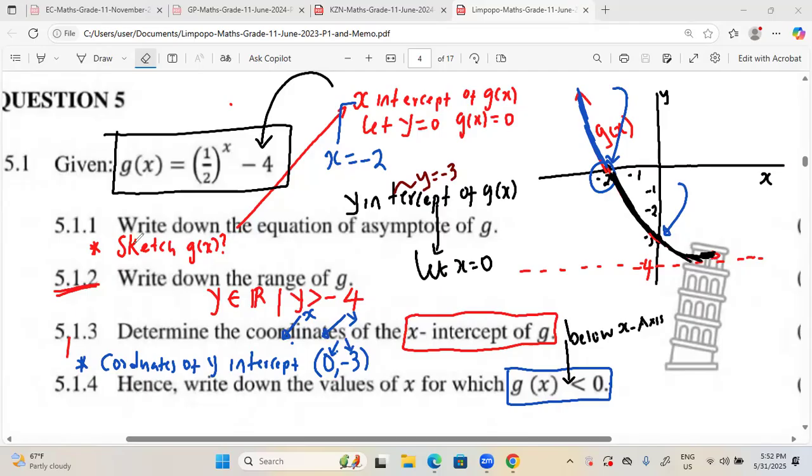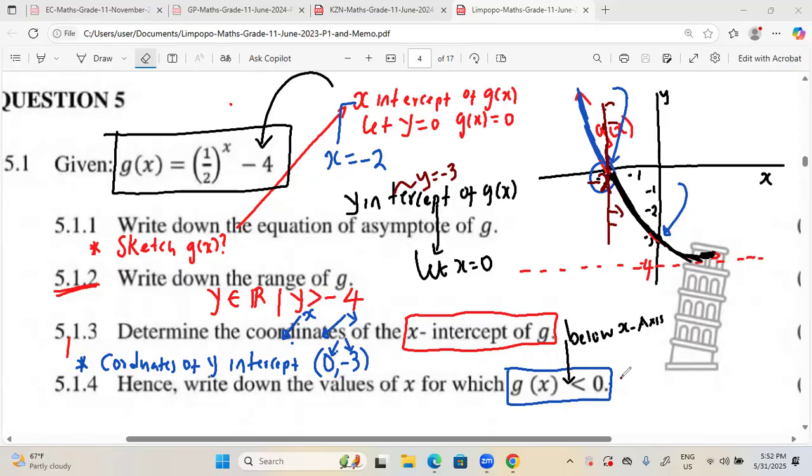I will just draw a line here for your understanding at -2. You can see that on the right side of this line at -2, the graph is always below the x-axis.